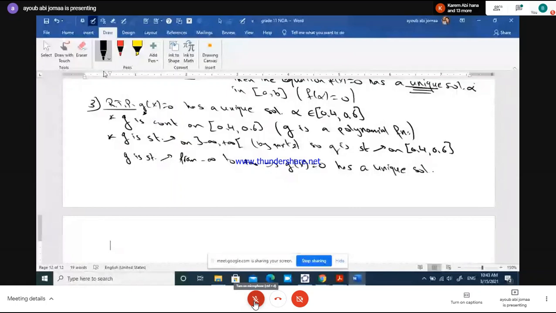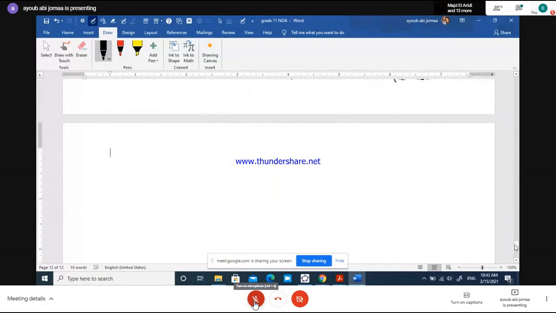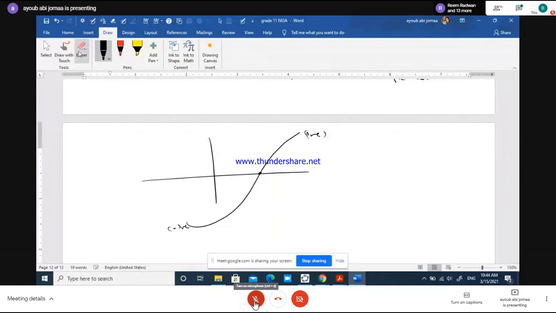Since this function is increasing from negative to positive, we have a solution, meaning somewhere it passes by zero. Here is the graph. The function goes from negative to positive, so somewhere it passes by zero. So here is the existence, and we have a solution.